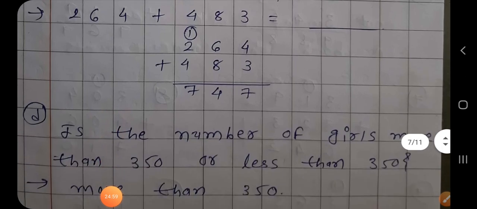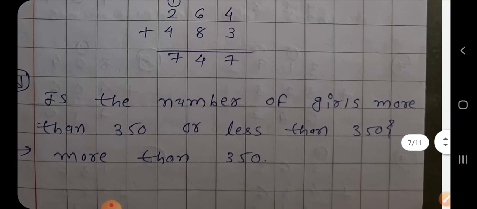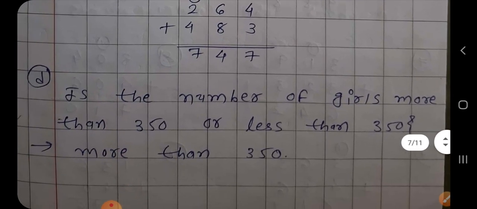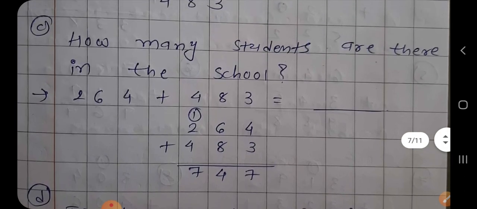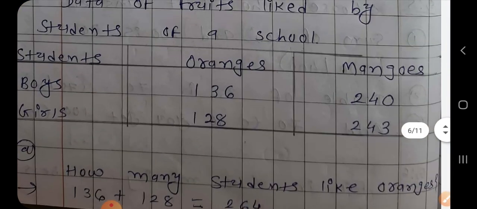Then D, is the number of girls more than 350 or less than 350? Here you can see that the number of girls is 128 and 243. So 200 plus 100 is 300, and then 43 plus 28 is more than 50.